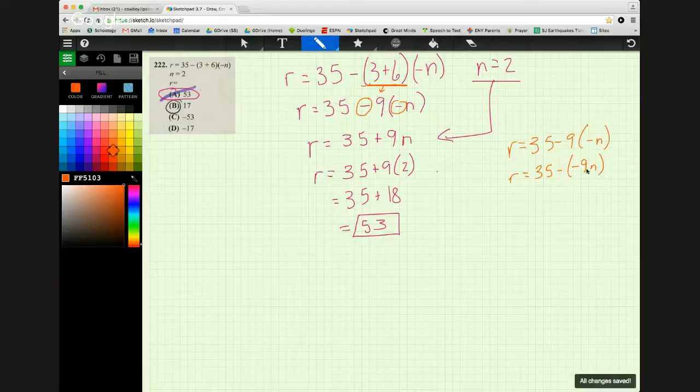And subtracting a negative is the same thing as adding a positive, so you'd still end up with 35 plus 9N, and then you'd be right back here. I kind of did a couple steps in one to go from here to here, but regardless, you're going to end up getting rid of that double negative and turning it into a positive.